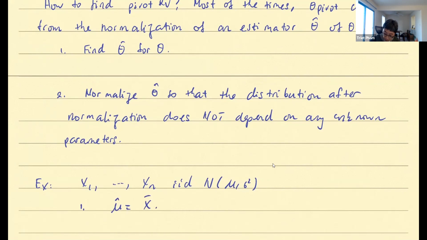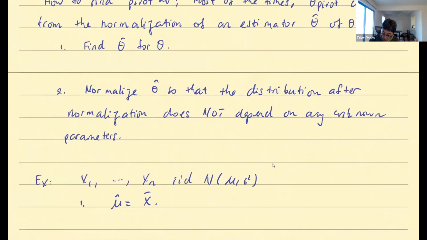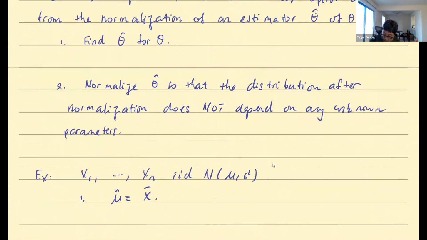But obviously, if you glance at this, you see that this cannot be a pivot. So this works as an estimator. By the way, let me spell it out again, that we are still in the context that mu is unknown, of course, because we're looking for it, but sigma known.